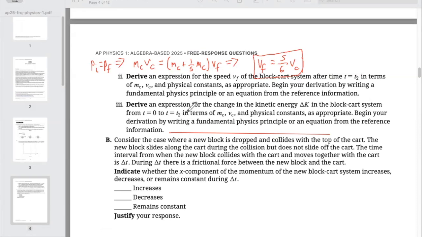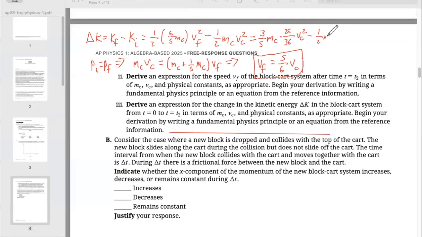A part three, derive an expression for the change in kinetic energy. That's not too bad. Change in kinetic energy is equal to final kinetic minus initial kinetic, which is 1/2 times your final mass multiplied by final velocity squared minus 1/2 initial mass times initial velocity squared. That should give us 3/5 mc times 25 over 36 vc squared minus a half mc vc squared.